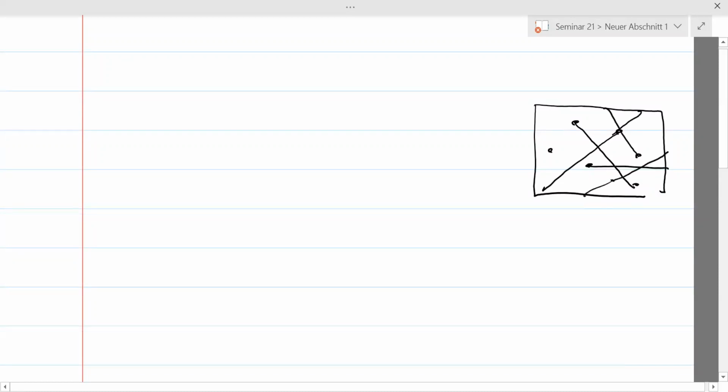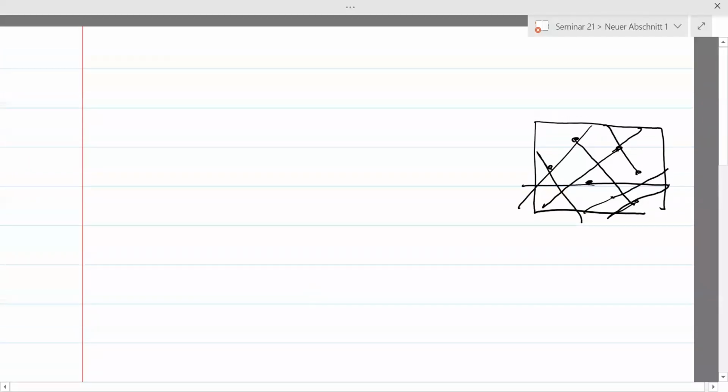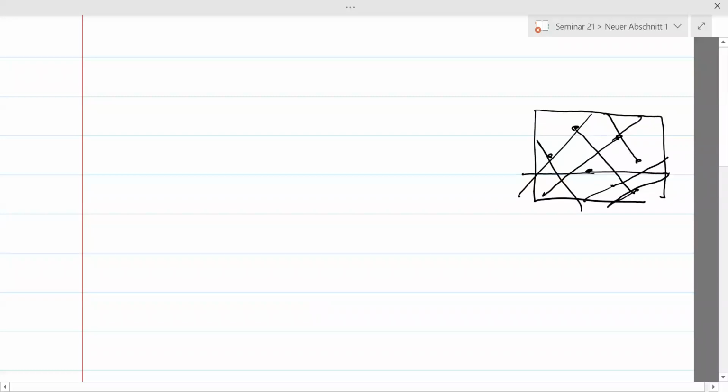Is it going to be a Poisson hyperplane tessellation? What do you think? I would say yes.